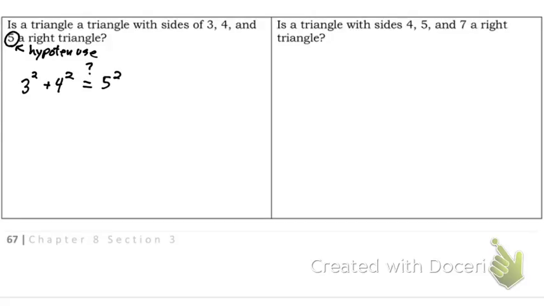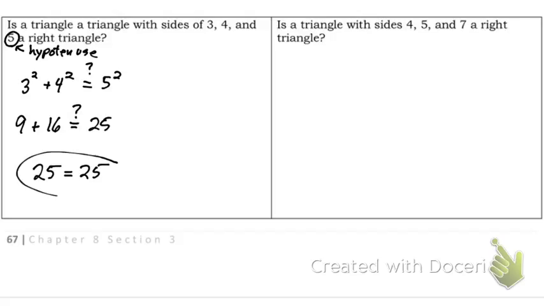But I'm not sure if that's true. So I'm going to put a little question mark, saying, well, I'm putting an equal sign, but it might not be true. Now you just have to do the math. Well, 3 squared is 9. 4 squared is 16. 5 squared is 25. Well, 9 plus 16 is 25. And we have 25 equals 25. So that is good. So it is a right triangle.